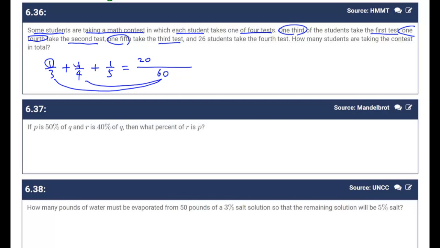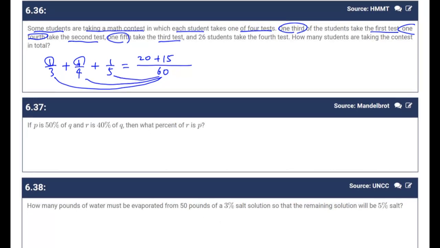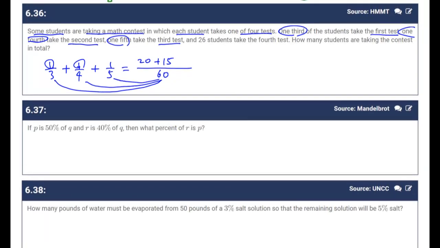So 1 times 15 is 15. And 5 times what is 60? 12, right? 5 times 12 is 60. So I'm going to multiply the same number, 12, on the top. 12, right? And what do they add up to? 20, 35, 47. So that's 47 out of 60.